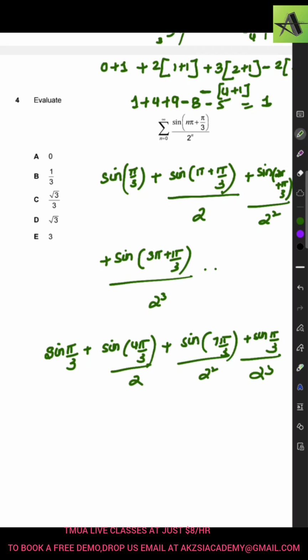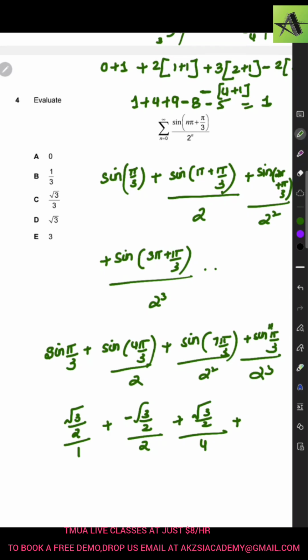If I solve sine pi by 3, this will give me root 3 by 2 over 1, plus sine 4 pi by 3 will give me negative root 3 by 2 over 2, plus sine 7 pi by 3 will give me root 3 by 2 over 4, plus sine 11 pi by 3 will give me negative root 3 by 2 over 8. If I take out root 3 by 2 as common, I'll get root 3 over 2 times 1 minus half plus 1 by 4 minus 1 by 8 till infinity.